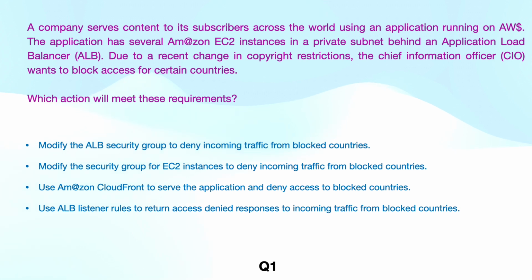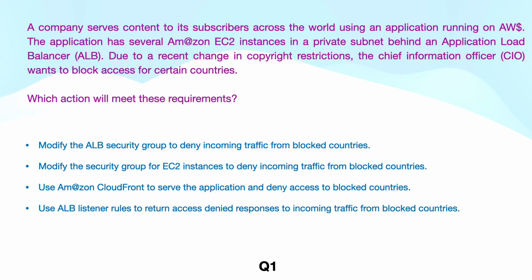The first question is, the company serves content to its subscribers across the world using an application running on AWS. The application has several Amazon EC2 instances in a private subnet behind an application load balancer. Due to a recent change in copyright restrictions, the CIO wants to block access for certain countries.